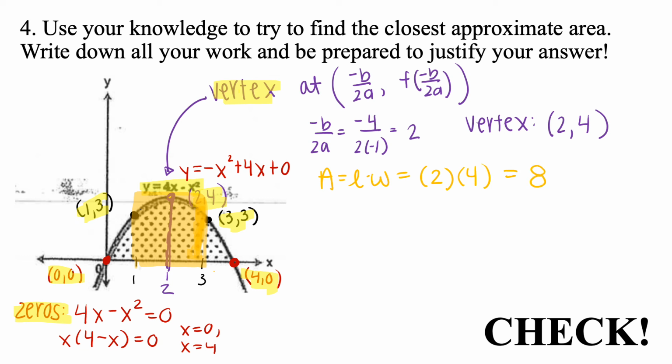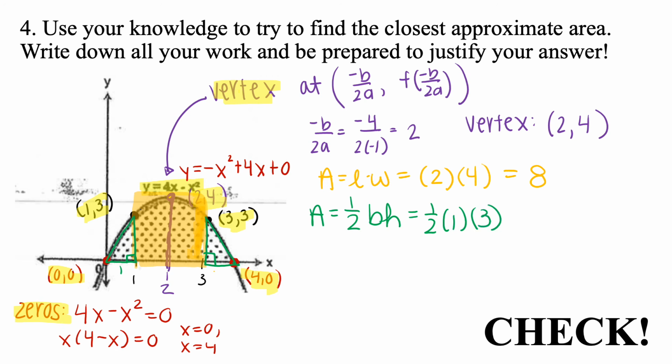Then I also see that I have a pretty close to a right triangle on the side here, and pretty close to a right triangle on the other side. The area for each of those would be 1/2 the base times the height, where my base is 1 and my height is 3.